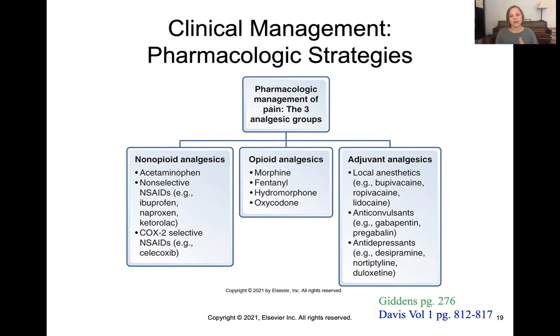And then you have some other analgesics that can help in specific situations, things like local anesthetics for things like nerve blocks, dental procedures. You have some good nerve pain medications like gabapentin. And then you have some antidepressants, like some SSRIs, that can really help when there is a brain component, a psychological component to the pain itself.